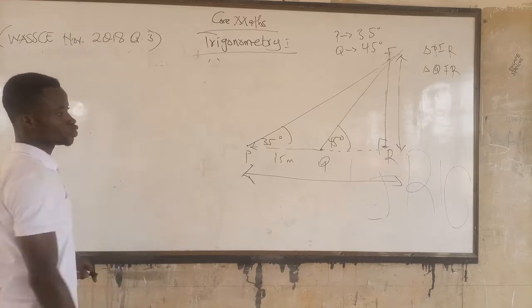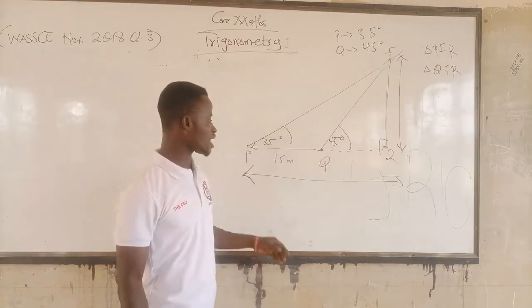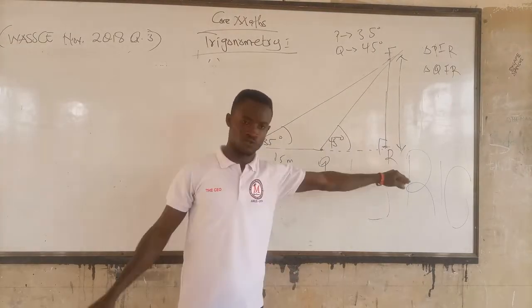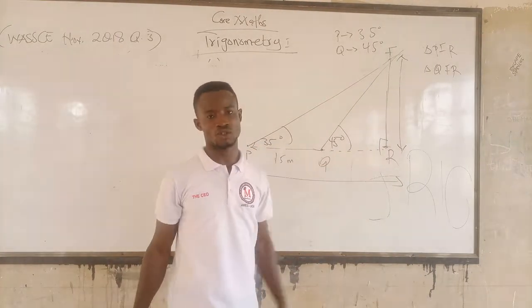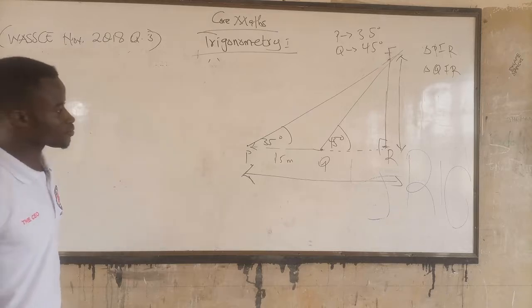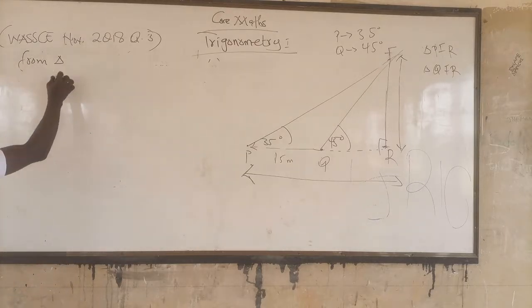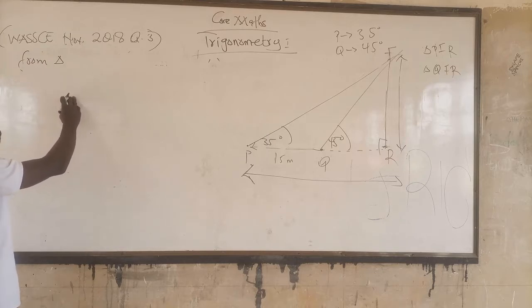There are sometimes you will be asked to calculate the height of the tower, and after that, the foot of the tower also. There are sometimes you'll be asked to find that. But it's just simple. Let's go for that. Now, let's consider the bigger triangle first.